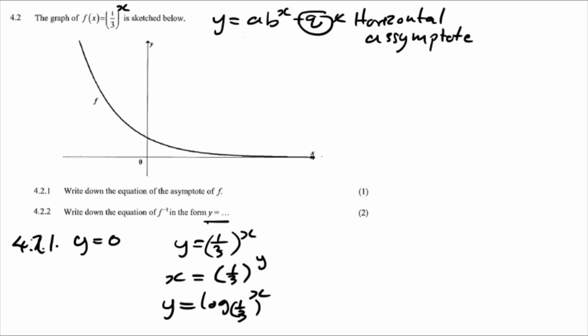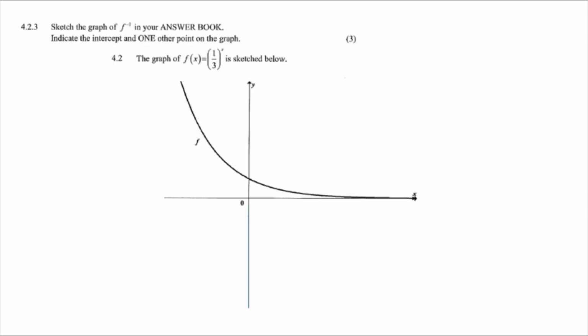And then if we continue now, the question says sketch the graph of the inverse on your answer book. Now guys, remember, when we are sketching this function, we swap the x and the y values.